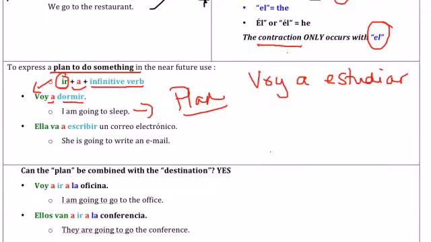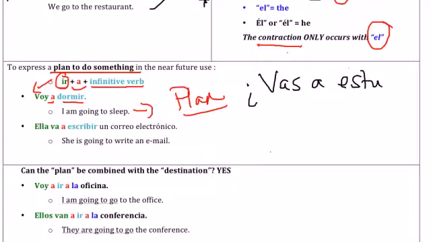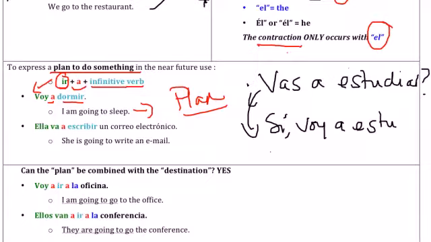But what if I want to know if you are going to study? And I'd like to ask you a question. I can ask a question using the same construction. ¿Vas a estudiar? And I can answer that and say sí. Voy a estudiar.